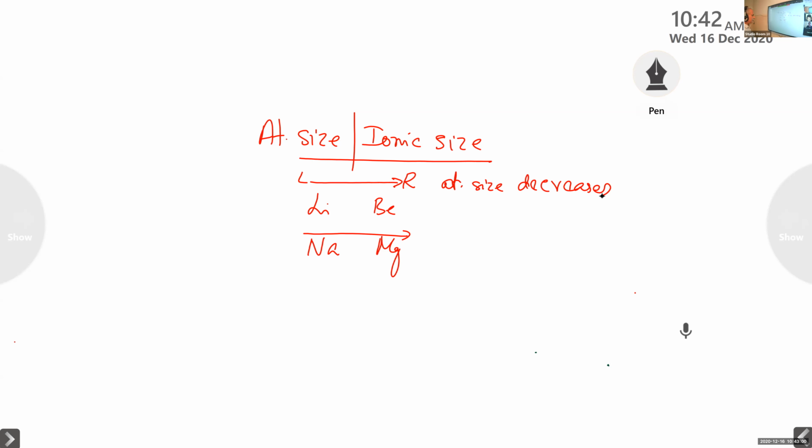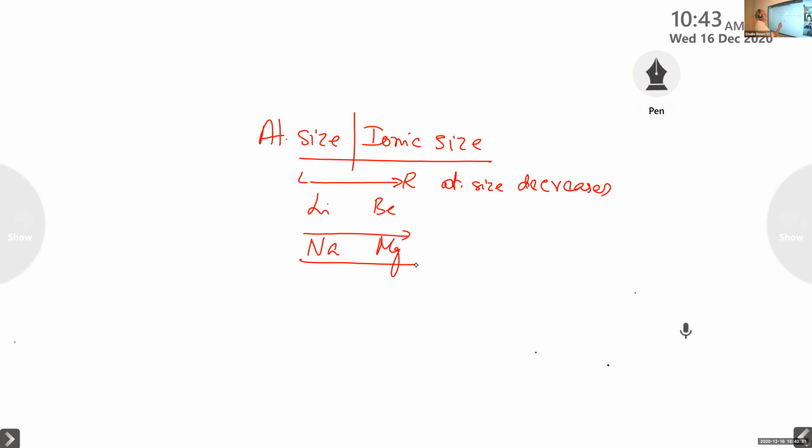Here, beryllium is smaller than lithium, or magnesium is smaller than sodium. So in general, the atomic size and ionic size for alkaline earth metals, group 2 metals, will be smaller than the corresponding alkali metals of the same period.